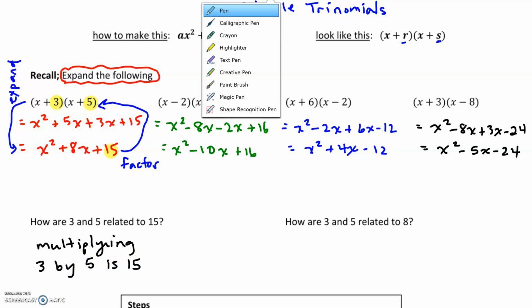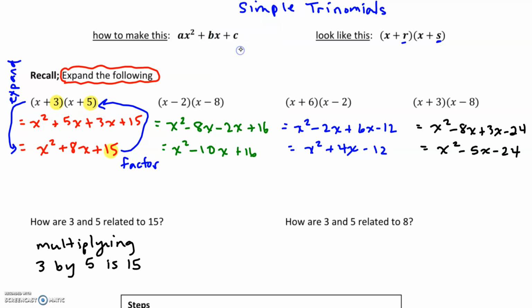Now we can see how these factors are related to the last term, which we call the C term. Those two values multiply to get 15.